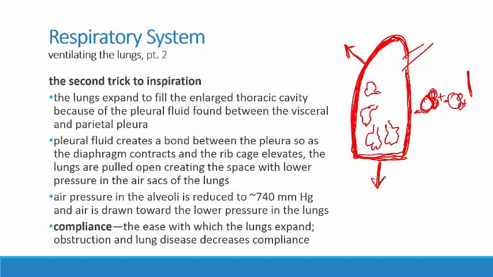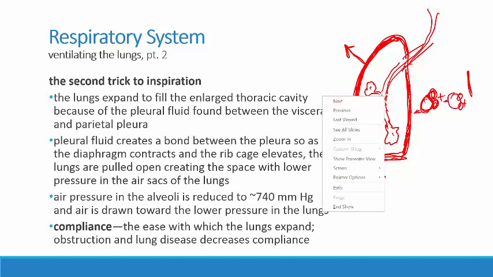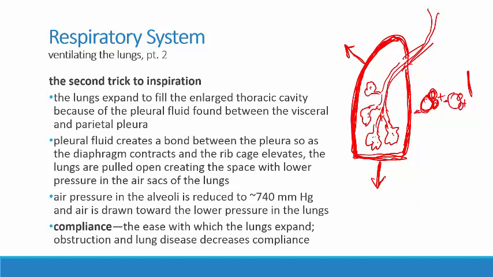So we transfer that low pressure space into the alveoli, into the inner passageways of the lungs, and because they're all connected directly to the exterior, then that low pressure sucks in all the air from the external environment down into the passageways of the lungs.